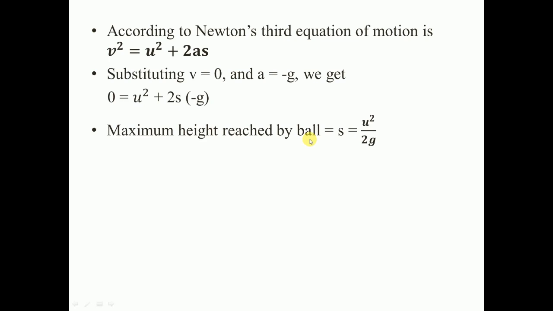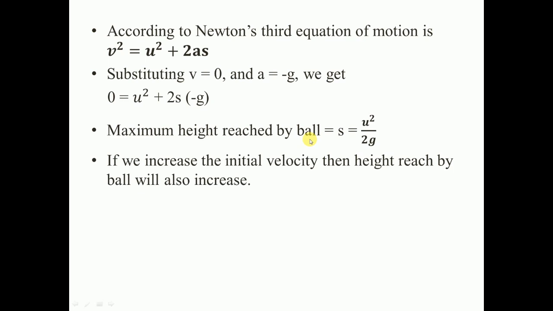Whenever you throw a ball at a higher velocity, the ball will achieve greater height. If you throw a ball with a low velocity, then the height achieved will also be less.